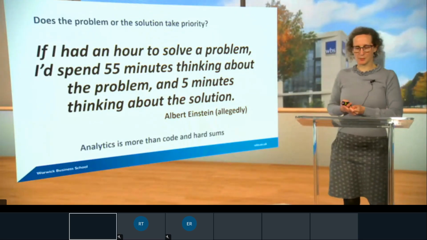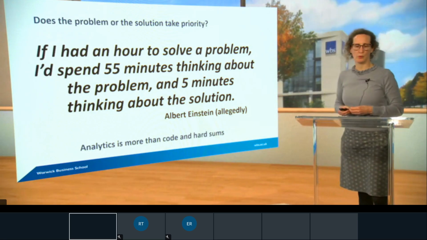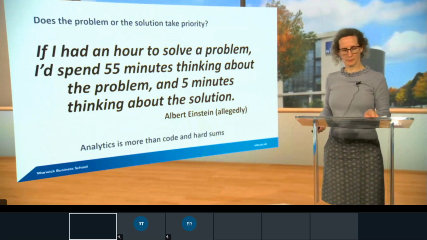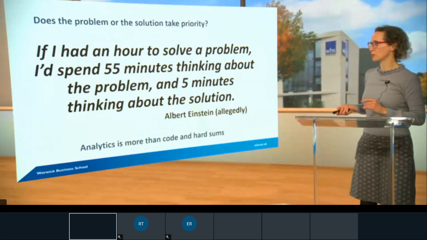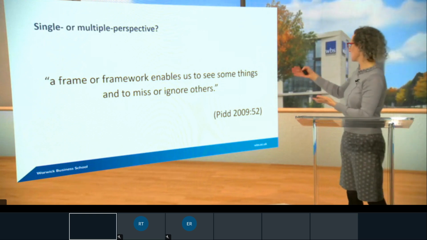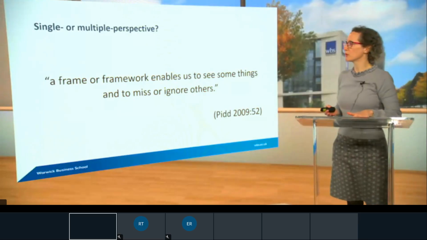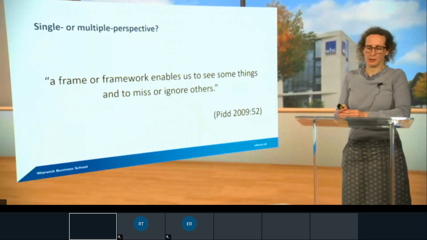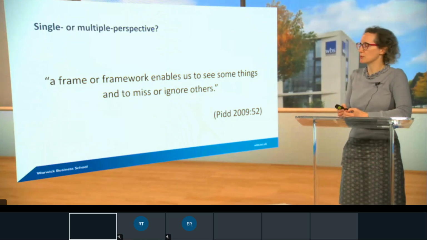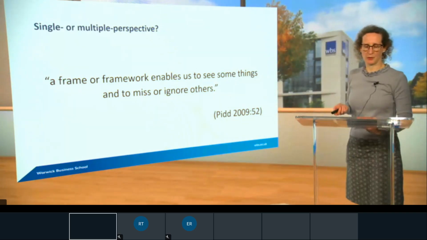At the very least, perhaps we begin to think that analytics is about more than code and hard sums. I would suggest also that if a frame enables us to see some things, but not others, we might also consider whether we're happy with a single perspective model or whether we might want to develop multi-perspective models. Hold that thought as we move on to think about PSMs.